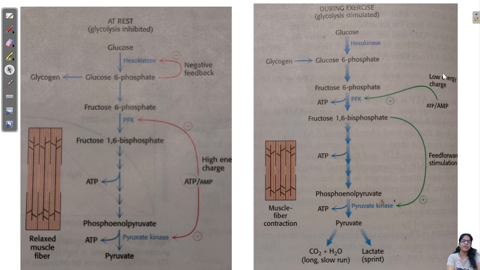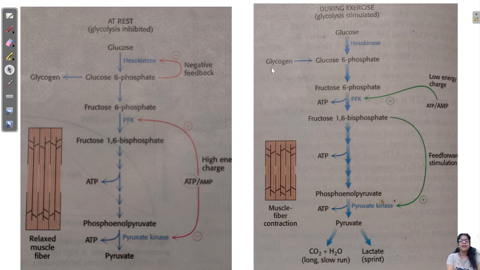So what happens during exercise? Glycolysis is stimulated, where the conversion of glucose to glucose 6 phosphate happens, and these are the things that happen when you are under exercise. The ATP generated helps in muscle contraction, okay, during your exercise.